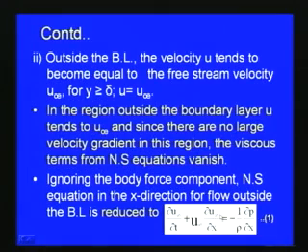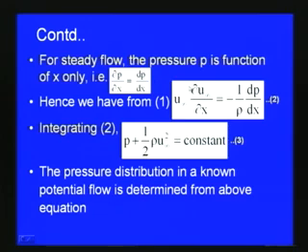Finally, this is transformed into this form by putting del p by del x equal to dp by dx. So, u infinity del u infinity by del x is equal to minus 1 by rho dp by dx, equation number 2. This we can integrate. If we integrate equation number 2, we get p plus half rho u infinity square is equal to a constant, as in equation number 3.